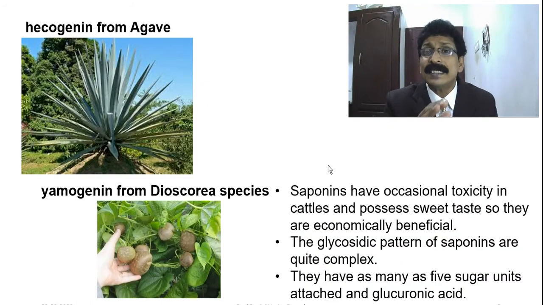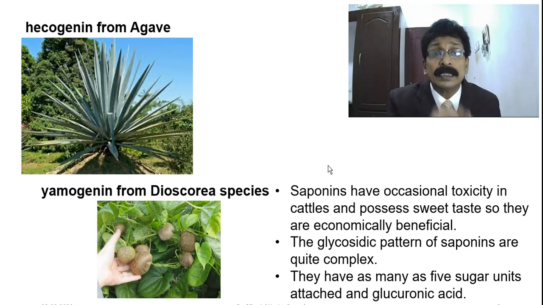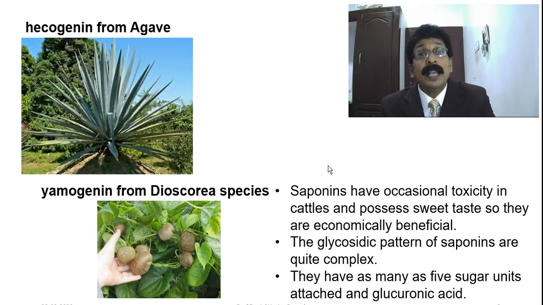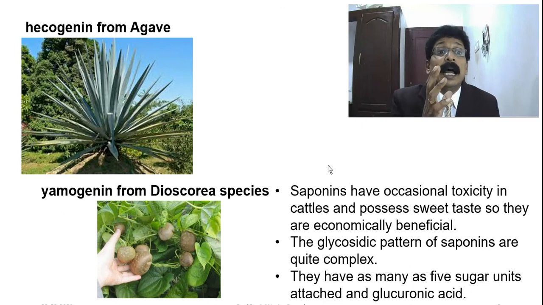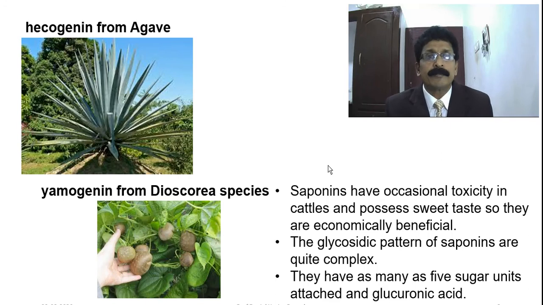And now this is just to show you the picture of this hecogenin. We have written there, it is present in the agave plant. See the plant, it looks like aloe vera, but it is very pointed and a little dense, the same variety, but it is agave, the plant which contains this hecogenin saponin.